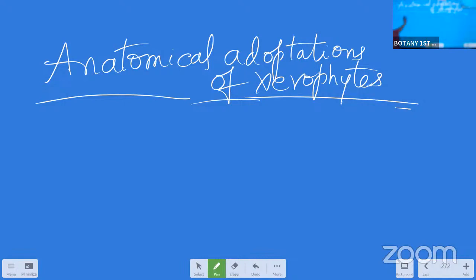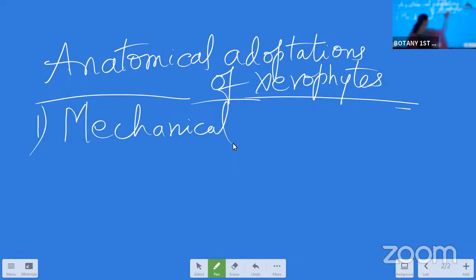Okay. So here, anatomical adaptations. In this, the very first point in the anatomical adaptations is that mechanical tissues are well developed in the xerophytes. What we said in the hydrophytes, mechanical tissues are poorly developed. Here, mechanical tissues are well developed.